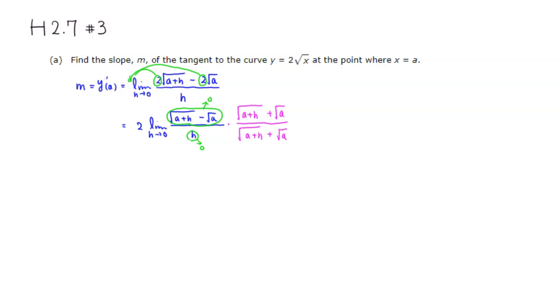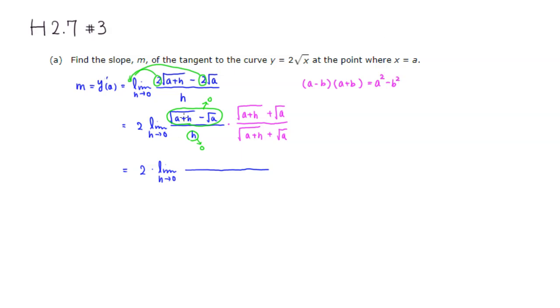If you multiply out, 2 is still there, and we'll take care of the limit later as h approaches 0. Then we have this quotient here, so we can use this formula: a minus b times a plus b is the same as a squared minus b squared.